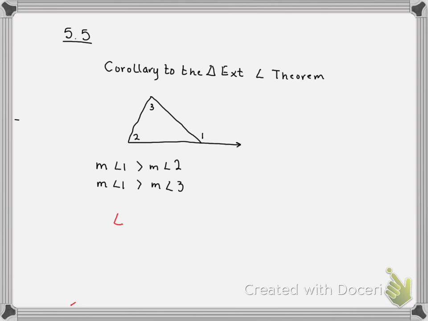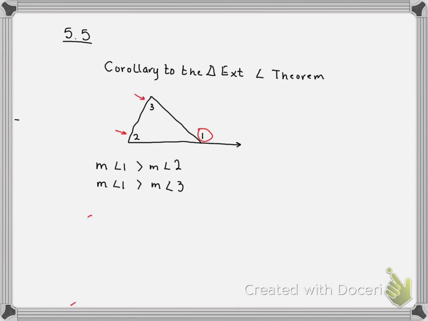So again, the measure of an exterior angle of a triangle is greater than the measure of each, not the sum, is greater than the measure of each of its remote interiors. So angle 1 is our exterior angle, and it is greater than the measure of angle 2, and it is also greater than the measure of angle 3.